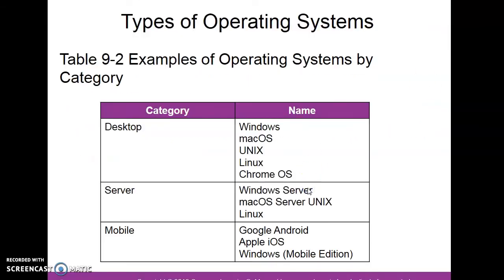Now, many of the first operating systems were device dependent and proprietary. A device-dependent program is one that runs only on a specific type or make of computer or mobile device. Proprietary software is privately owned and limited to a specific vendor or computer or device model.